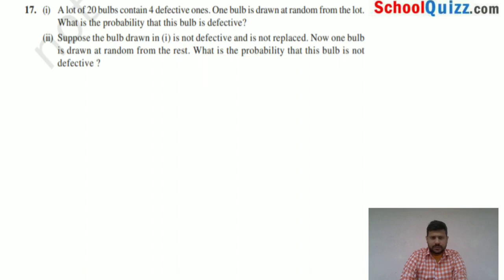Question number 17 states that a lot of 20 bulbs contains 4 defective ones. One bulb is drawn at random from the lot. What is the probability that the bulb is defective? First we will deal with the first part.